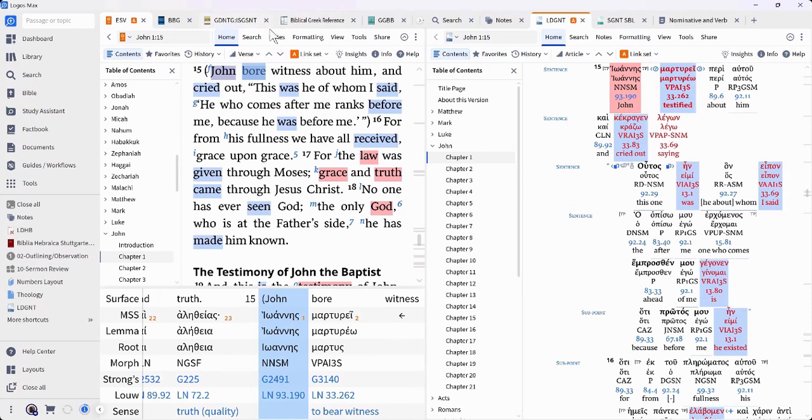Now let's go to Matthew 3:13, and we're just looking at this so that we use the filters to help us. So here, if I come down here, it says noun, nominative, singular, masculine. Next, we're going to go to Matthew 3:13.